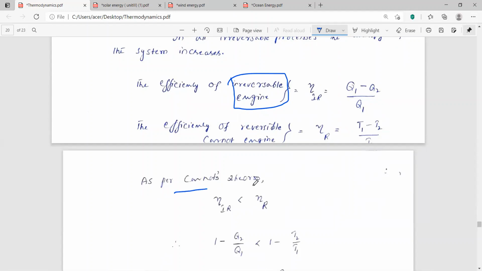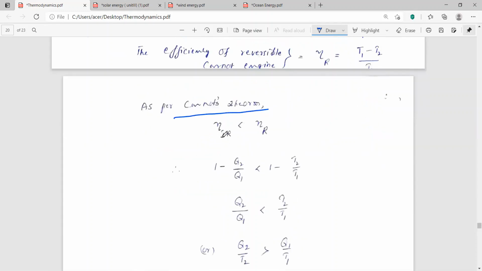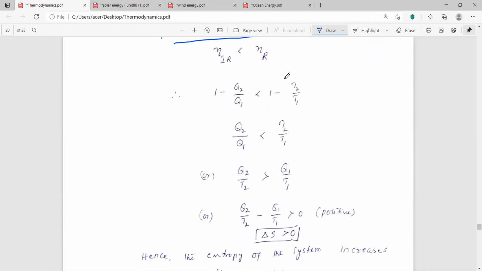So as per Carnot theorem, the efficiency of the irreversible engine is always less than the efficiency of the reversible engine. So from this, Q1 minus Q2 by Q1 is less than 1 minus T2 by T1. If you cancel 1 on both sides, we can write Q2 by Q1 is greater than T2 by T1.